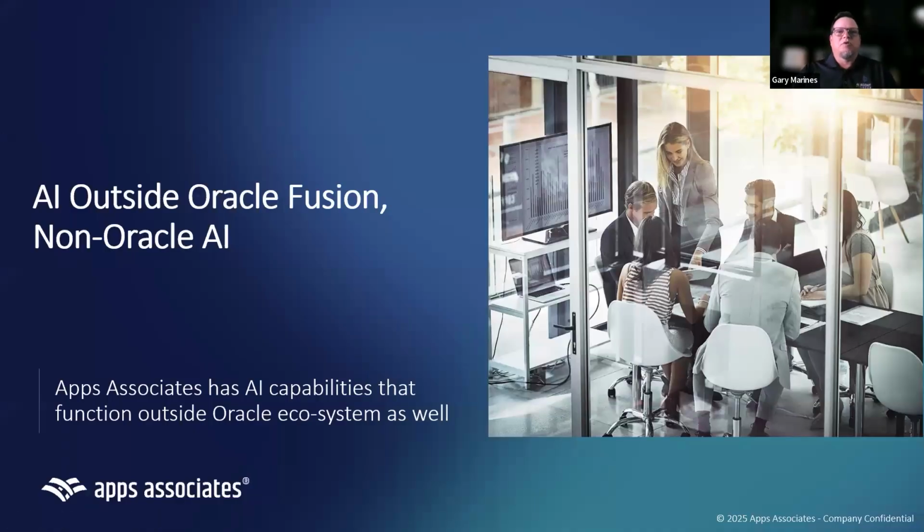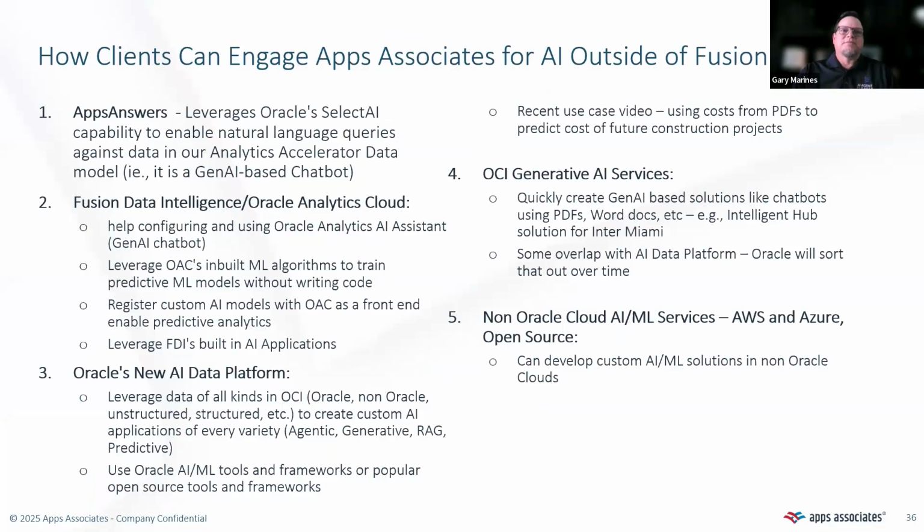Okay, so what about not in the AI Agent Studio or not in Fusion directly? What are those other things that we can do, and how can Apps Associates help you with those AI agent capabilities that are slightly outside of the Oracle ecosystem as well? So how can you engage Apps Associates for AI outside of Fusion? We have Apps Answers, which leverages Oracle's Select AI capability against data in our analytics accelerators.